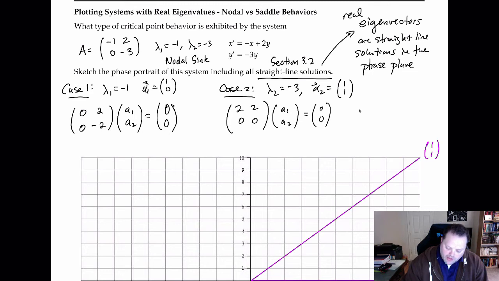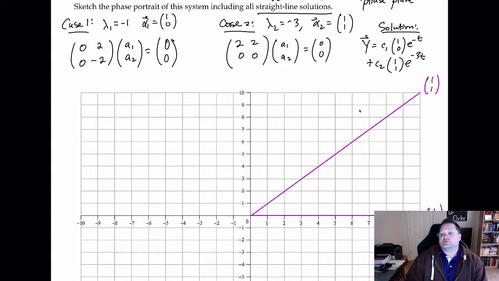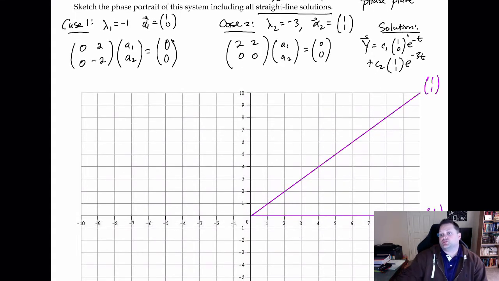And the reason that we know that is we know what the solution looks like, right? We know that the solution to this system is C1 alpha 1 e to the lambda 1 t plus C2 alpha 2 e to the lambda 2 t. So we know that this is what the solution to the system looks like.